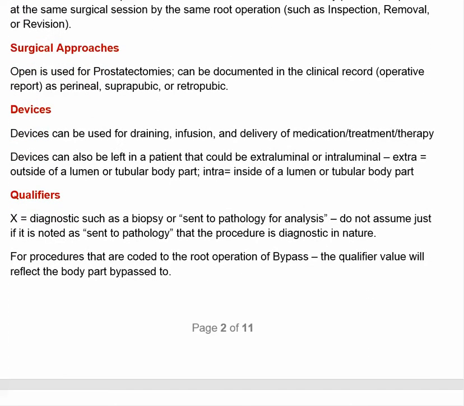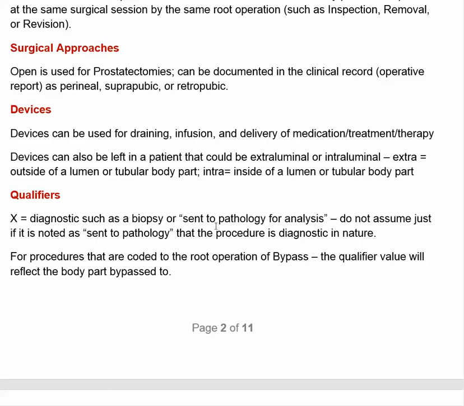And qualifier values, again, this is the same for every other system. The X qualifier value is used for a biopsy or for something that is noted in the clinical record as a specimen that's being sent with the intention of getting a diagnosis. So the most common way that could be documented is sent to pathology for analysis.